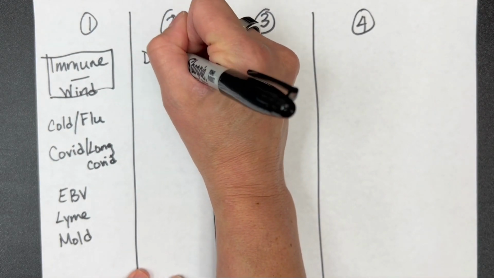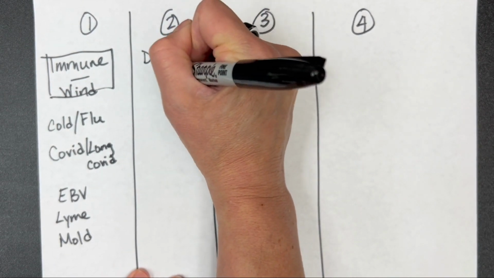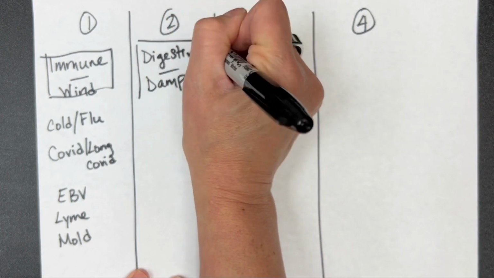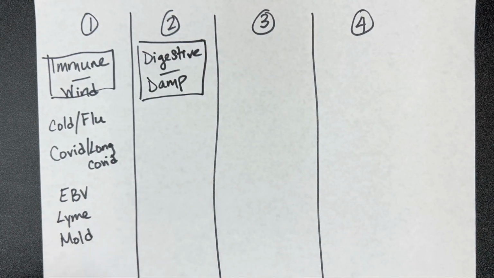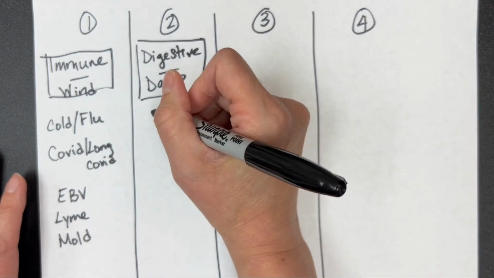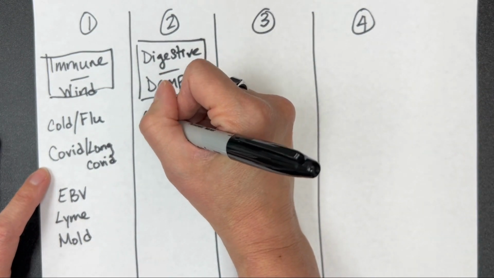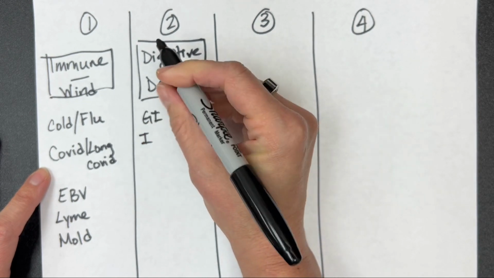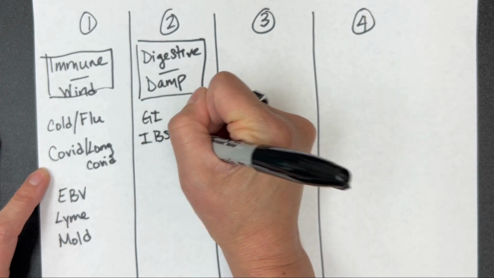And then stage 2, we have digestive. And in Chinese medicine, we would call this damp. And so these are often things that have to do with GI disorders. So it could be IBS, IBD.